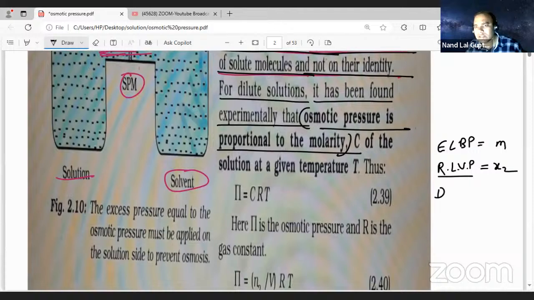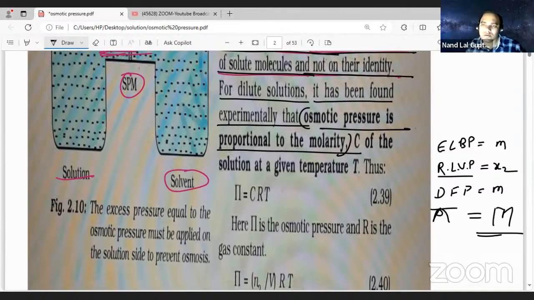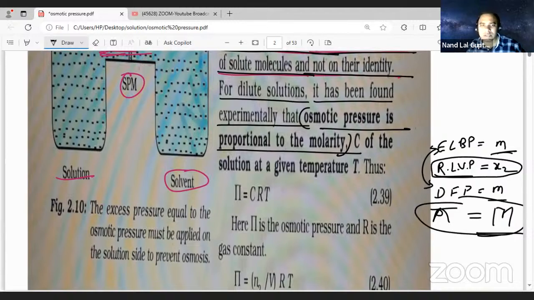Depression in freezing point, DFP, depends on molality. And osmotic pressure depends on molarity. So here two are the same, depending on molality, but relative lowering of vapor pressure depends on mole fraction, and osmotic pressure on molarity. So they are saying osmotic pressure is proportional to molarity.